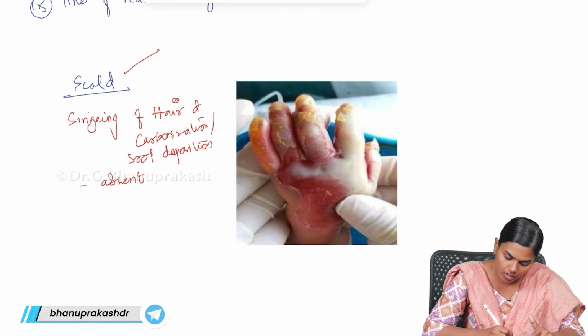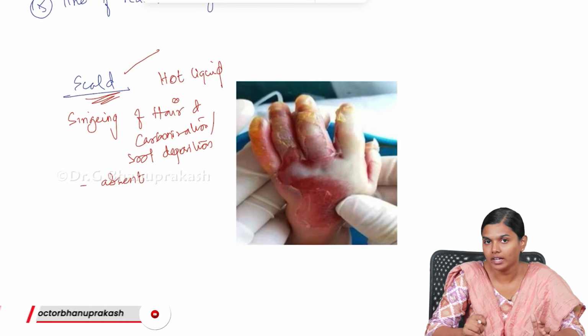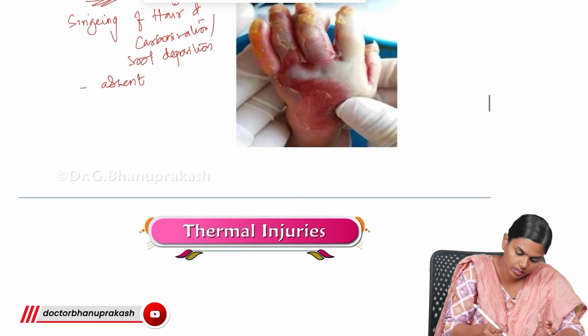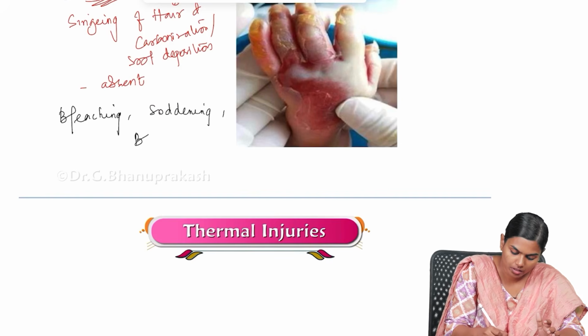Why? Because scald is mainly due to hot liquid. So this hot liquid will cause bleaching, there will be soddening, there will be blisters.